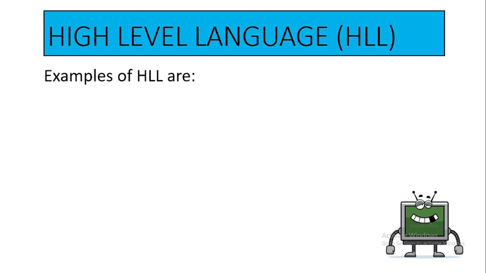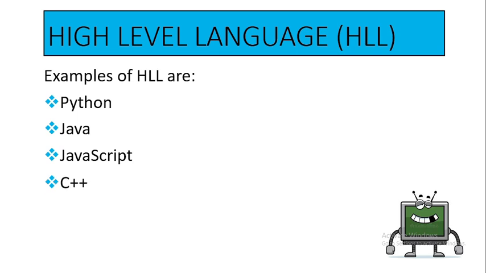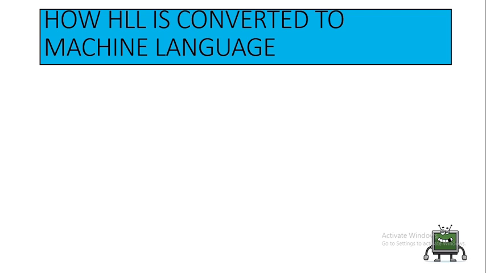So what are some examples of these high-level languages? We have Python, Java, JavaScript, C++, and the last one we will talk about is C. These are examples of high-level languages, or HLL. So how do we convert high-level language to machine language?